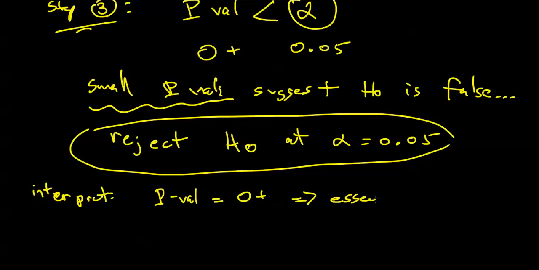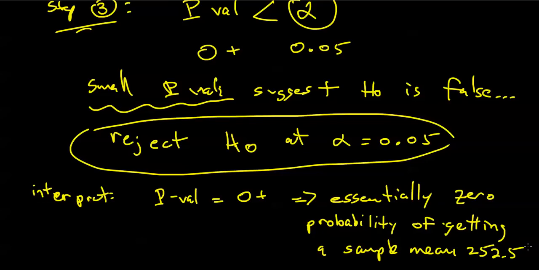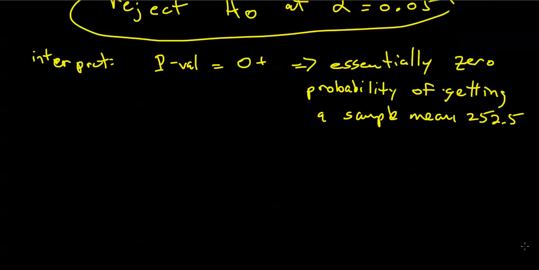That implies there is essentially a 0 probability of getting a sample mean of the one that we got from data, essentially a 0 probability of getting a sample mean of 252.5 if the population mean is indeed 210.